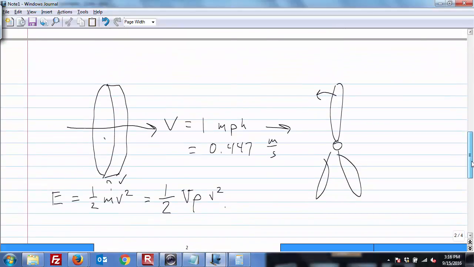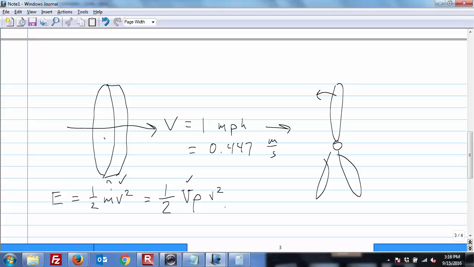Hopefully you can see, from this, if I've got a bigger volume, you're not going to do much about air density. It just kind of happens to be what it is. If you stuck this thing under water, density of water 1,000 times that of air, the water moving past is going to have a lot more energy density than the wind.